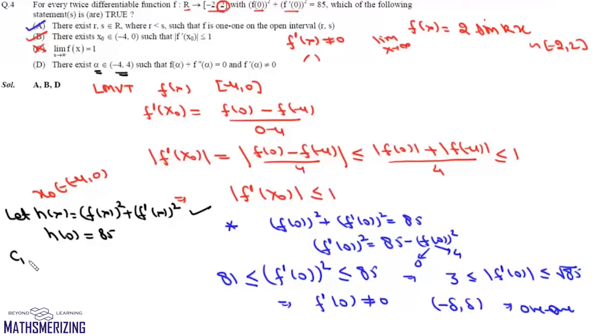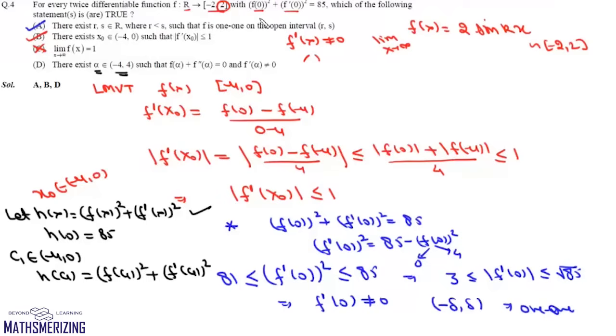Now we take any point c1 in the interval minus 4 to 0, then h(c1) will be f(c1) square plus f dash c1 square.